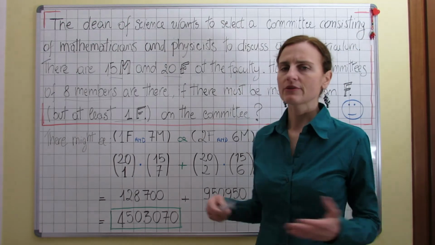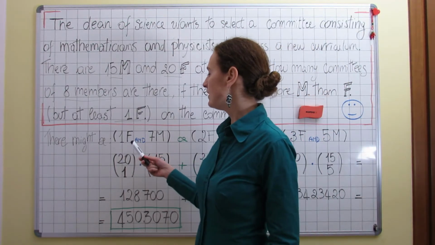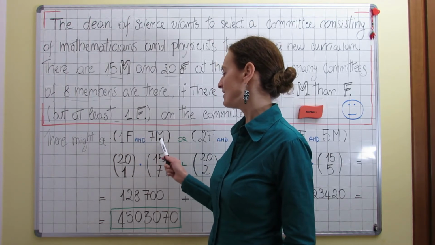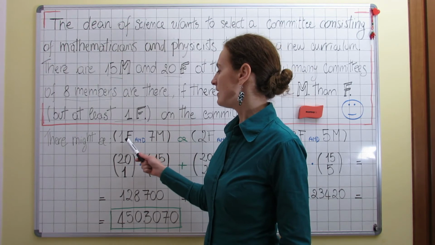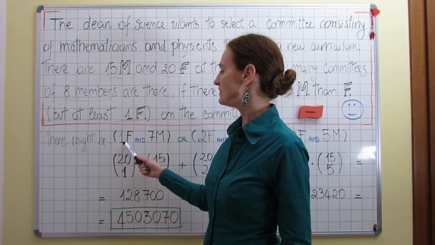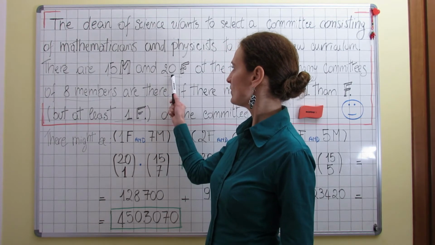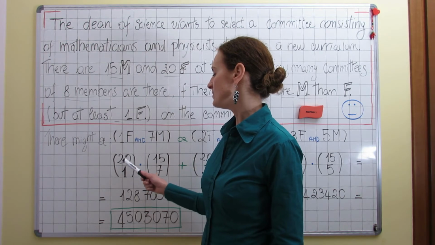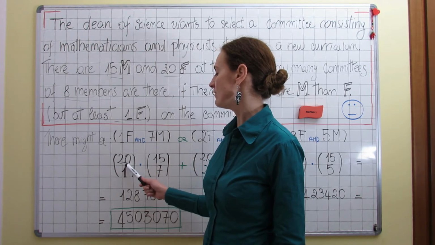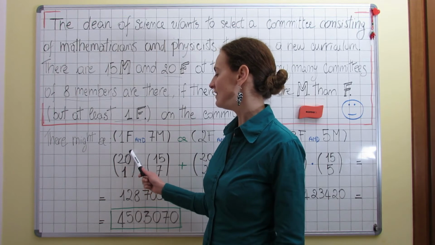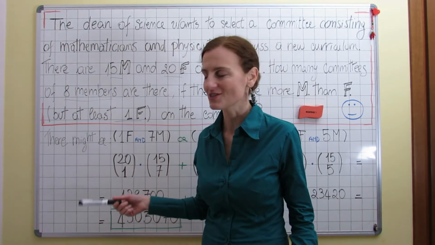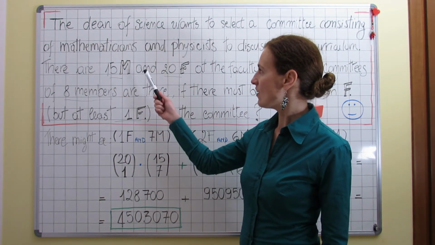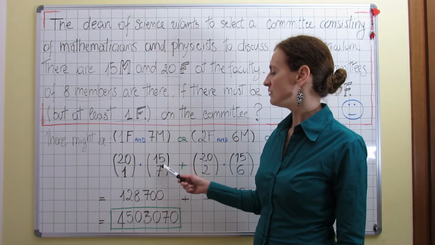Now it's only about counting, because if we had a committee of 1 physicist and 7 mathematicians, there are 20 ways to choose one physicist in a set of 20, and specifically this is the number 20 binomial 1, because you have a subset of 1 in a set of 20, which is of course 20. 7 mathematicians in a set of 15 is 15 binomial 7.